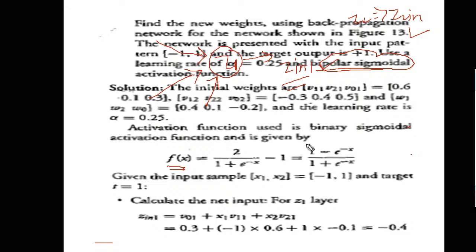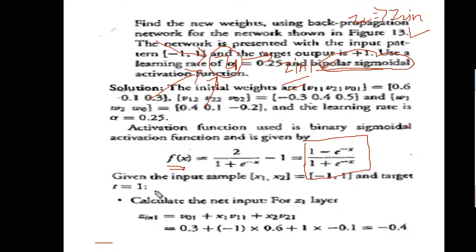Or you can also represent it by 1 minus e raised to minus x upon 1 plus e raised to minus x. If we simplify it, you will get this particular expression. Whatever expression you choose, just try to solve it. After calculating z in 1 and z in 2, we substitute inside this function at the place of x, and then calculate the output of z1 and the output of z2. So this is our task.